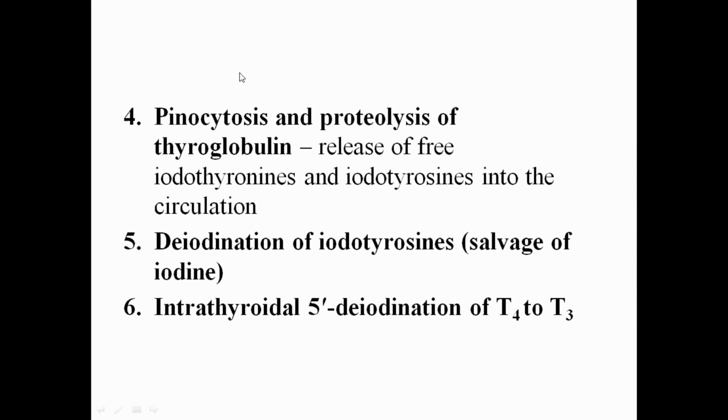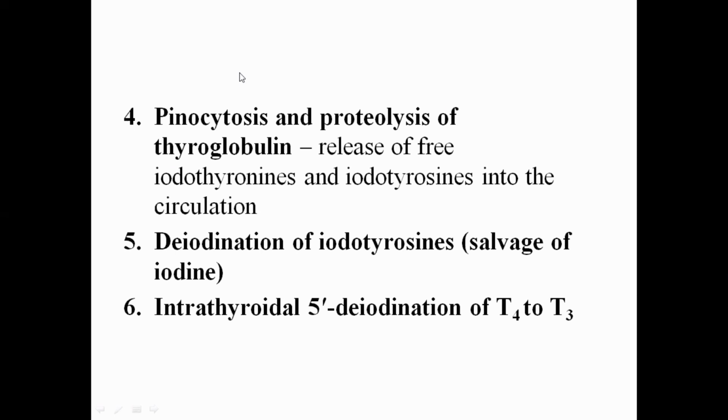The thyroglobulin is taken in via exocytosis or pinocytosis, and then a lysosomal enzyme lyses the thyroglobulin, releasing free iodothyronines and iodotyrosines into the circulation.